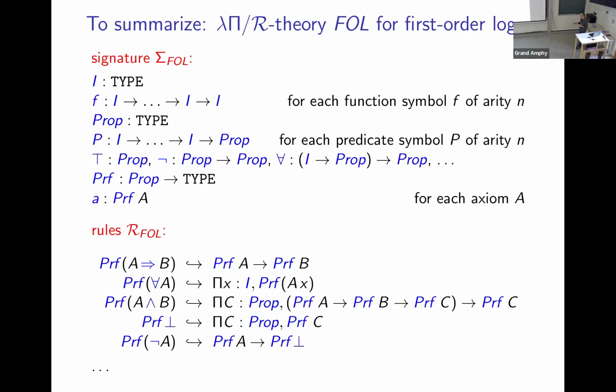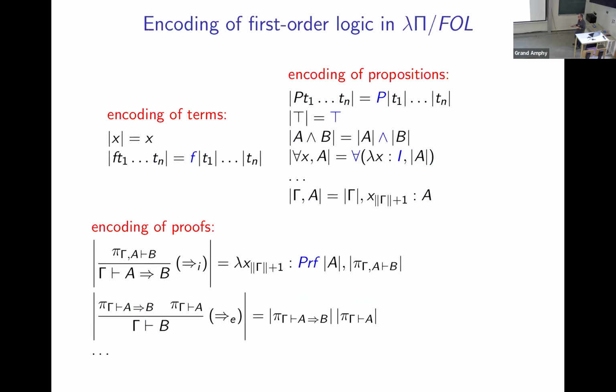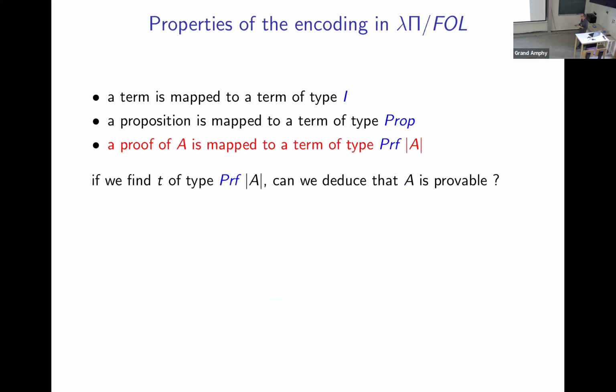So for confluence, it's not difficult to see, because we have what we call an orthogonal system, so there is no critical pair. And for termination, it's a little bit more complicated, but not so much.